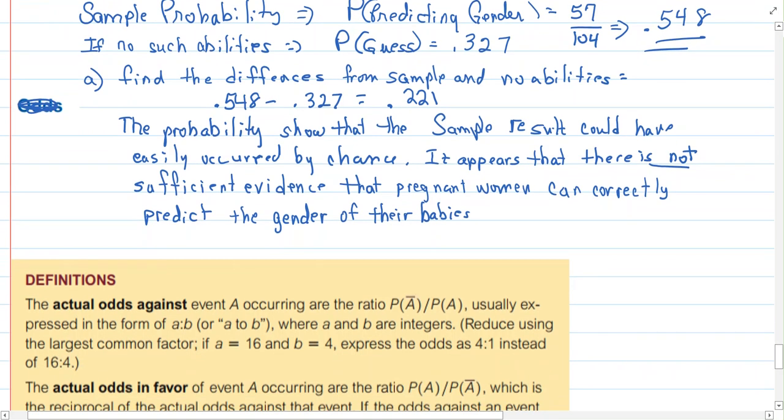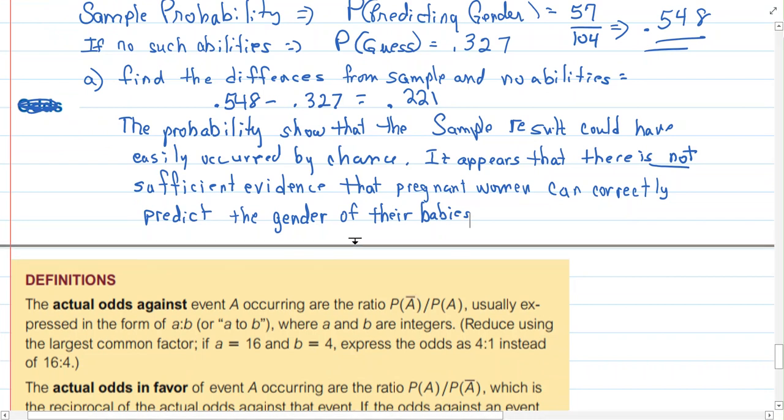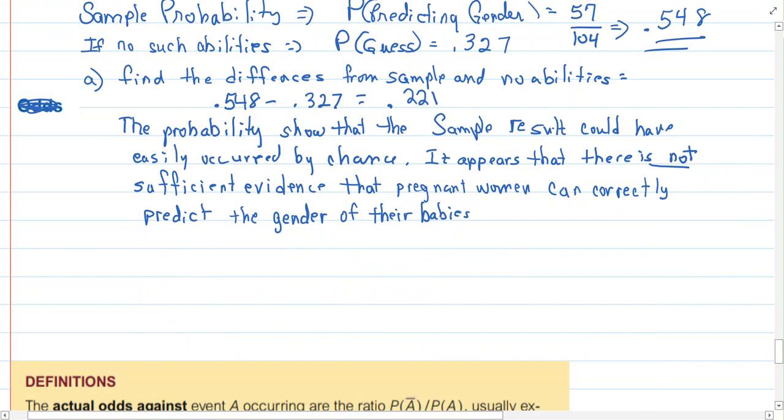So we have that comparison. Well, how do we state this assessment? How do we state the inference of what the data says? Well, what we did was 548 thousandths minus the 327 gave us the 221.